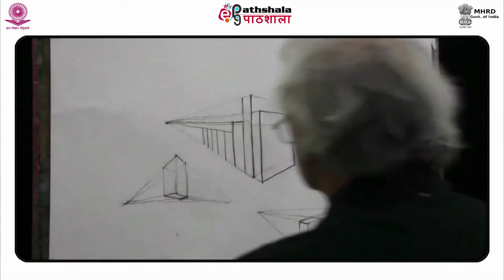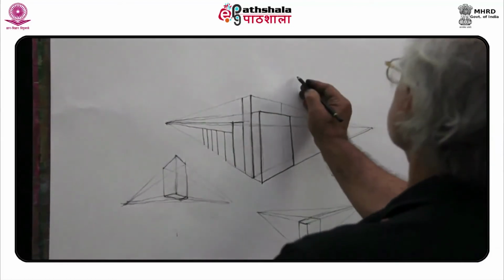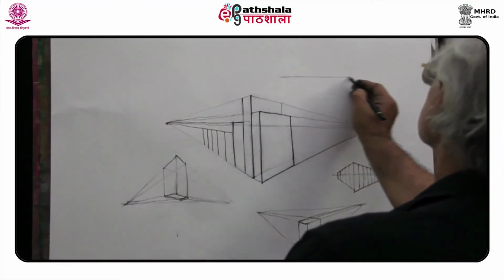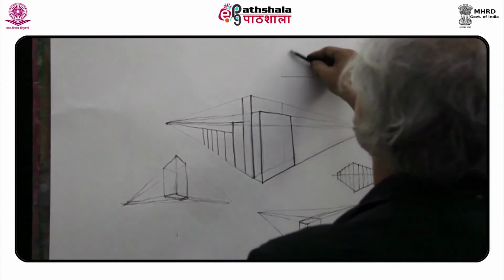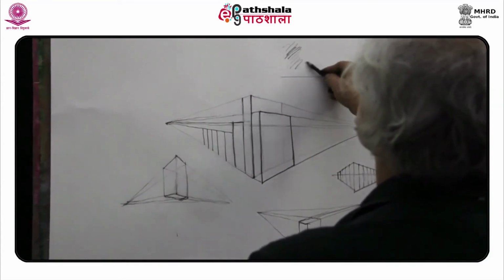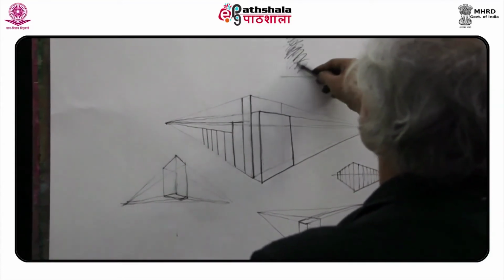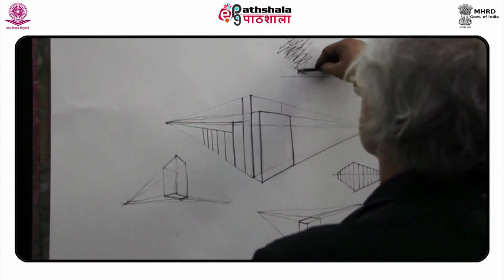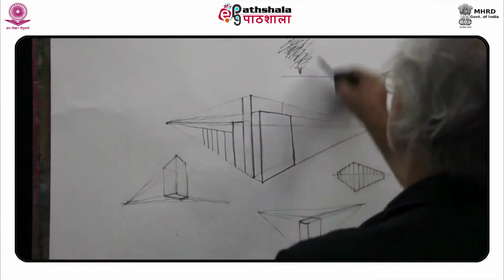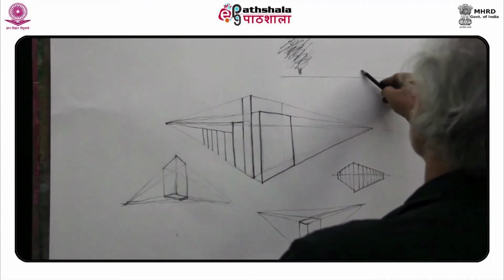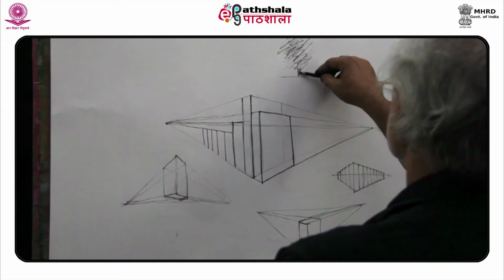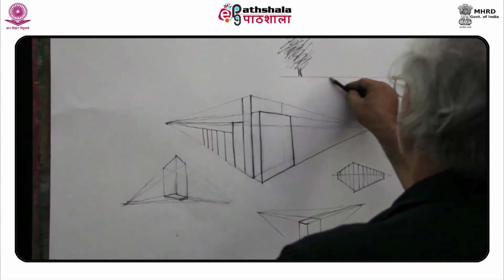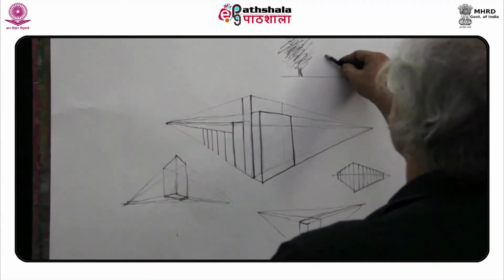Let's observe the perspective in a landscape. Draw a horizon line again, and on it draw a tree. The horizon is already the bottom line leading to the vanishing point.